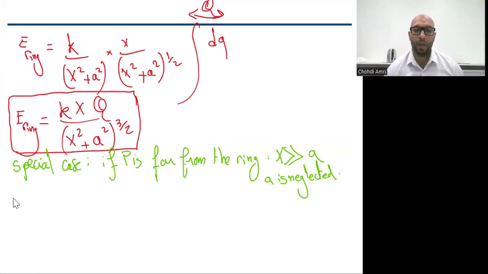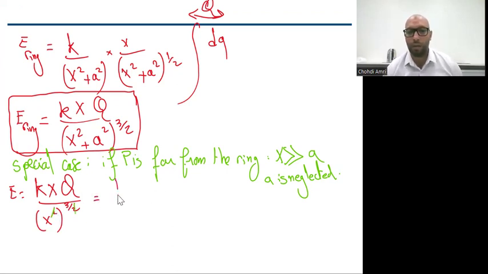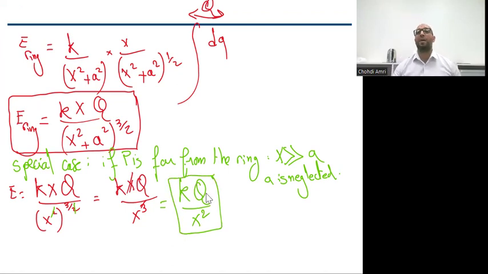In this case, the electric field E produced by the ring is kxq divided by, we cancel this a squared, x squared power 3 over 2, that means x power 3. So kxq over x power 3, and we have x in the denominator, that means kq over x squared. It's similar to the point charge. When we are far from this ring, we see the ring as a point charge.